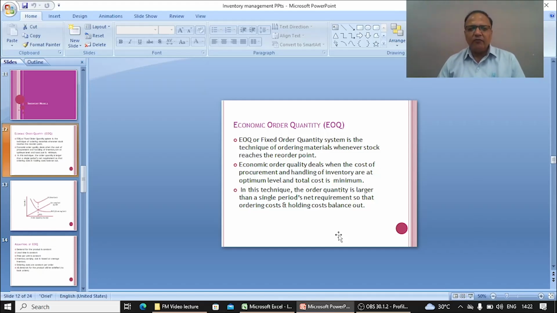For example, an organization is consuming 1,20,000 units in a year, and the work of the organization is to purchase and to sell.